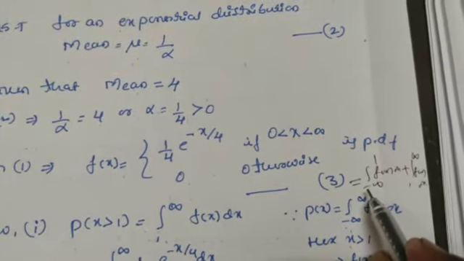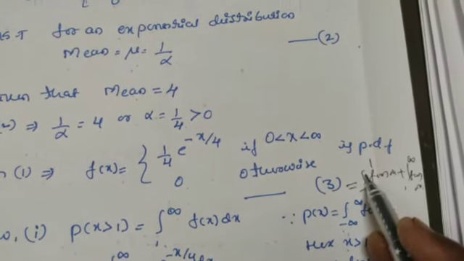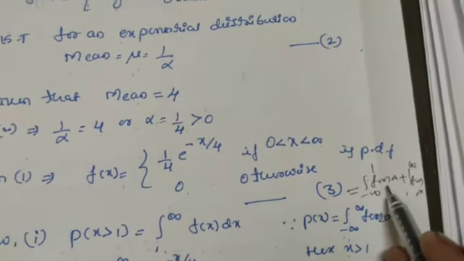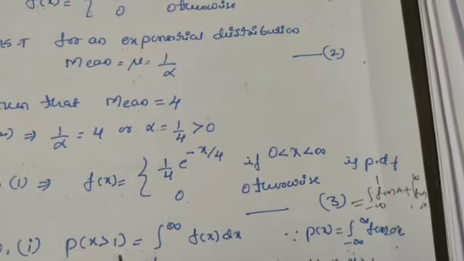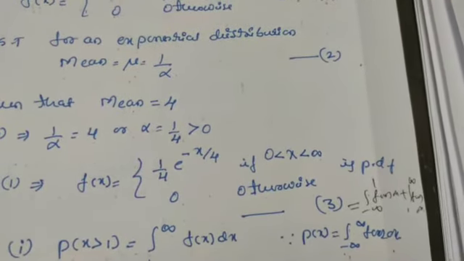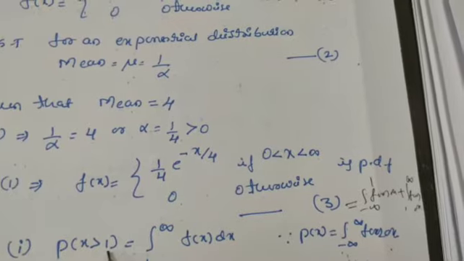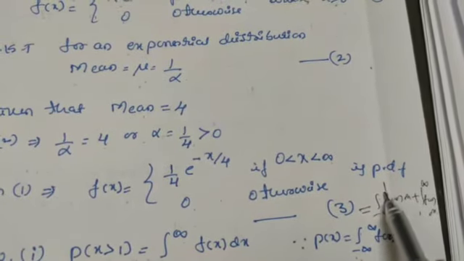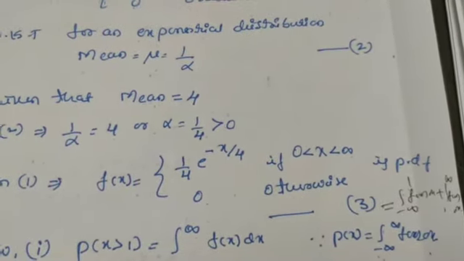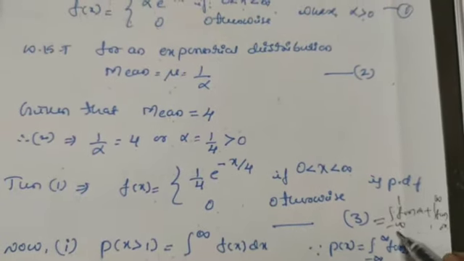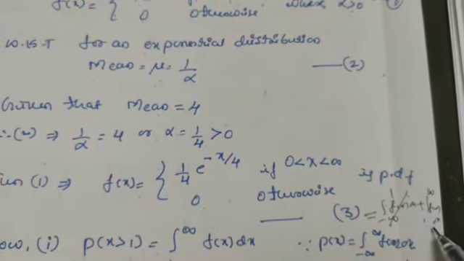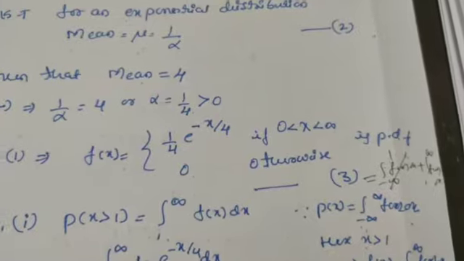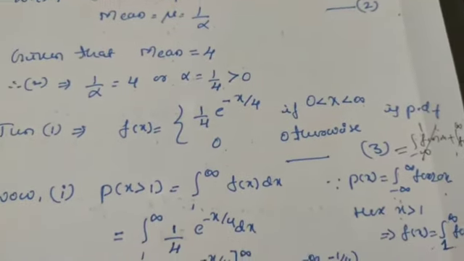In the interval minus infinity to 1, f of x is not necessary, because we want only p of x when x is greater than 1. This minus infinity to 1 does not come in our condition, therefore we can neglect this one. We have to consider only the second limit, so 1 to infinity f of x dx.